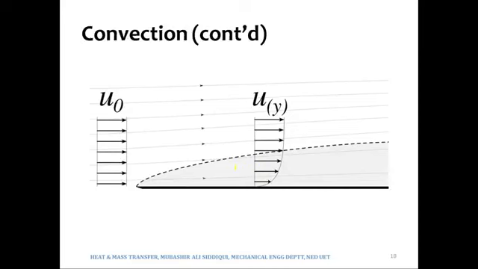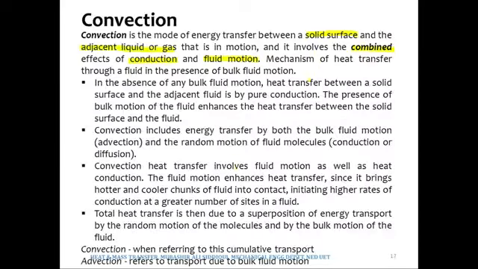So along with the conduction, there is fluid motion as well, which is causing more heat transfer. The combination of the two is what we call convection. Or we can say that convection is the mechanism of heat transfer through a fluid in the presence of bulk fluid motion. That is the same definition as the previous one.